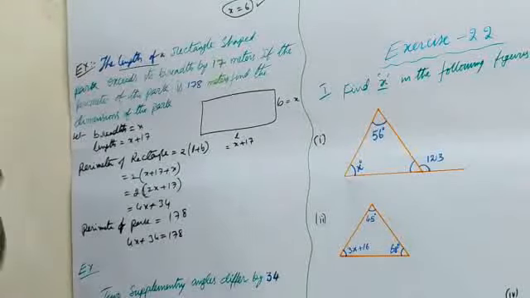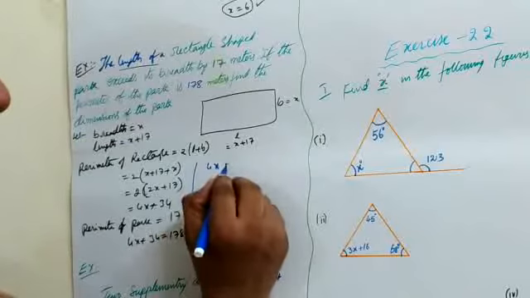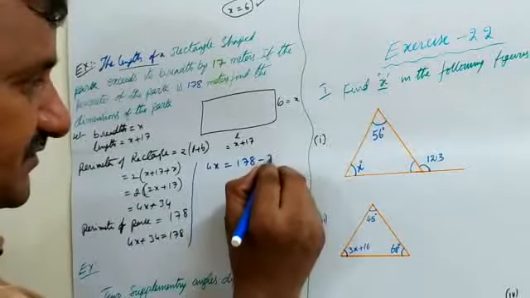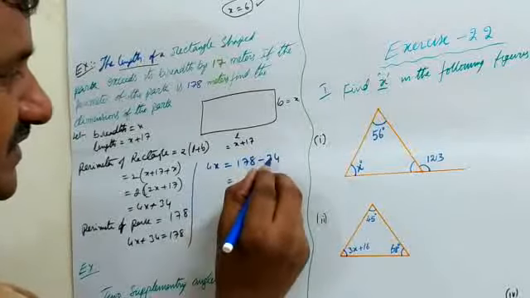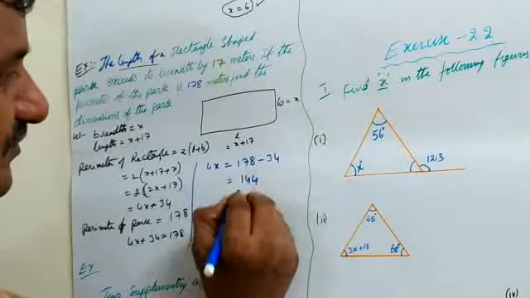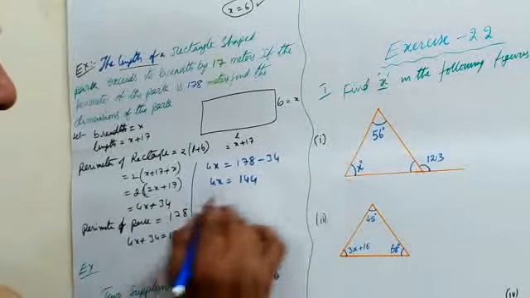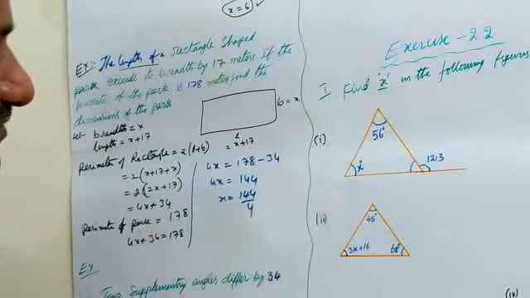Therefore 4x is equal to 178 minus 34, the 34 transferring to the right side. 178 minus 34 is 144. Therefore 4x is equal to 144, so x is equal to 144 by 4.